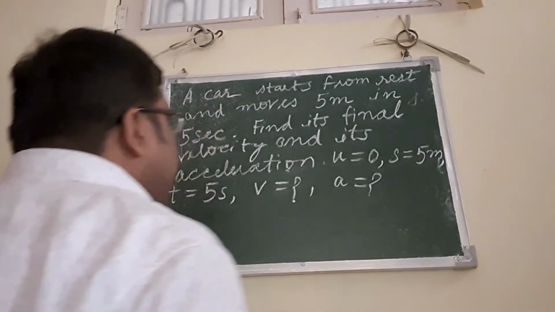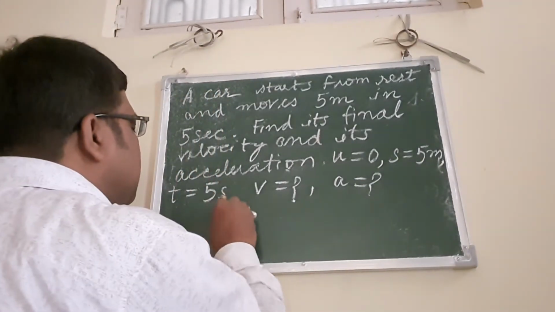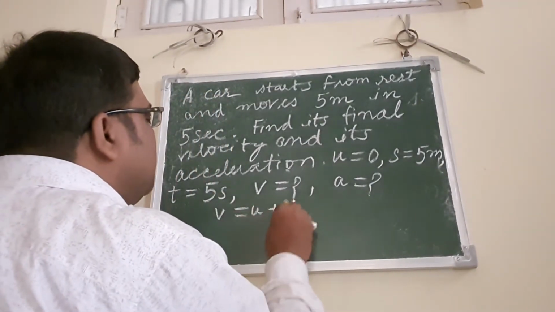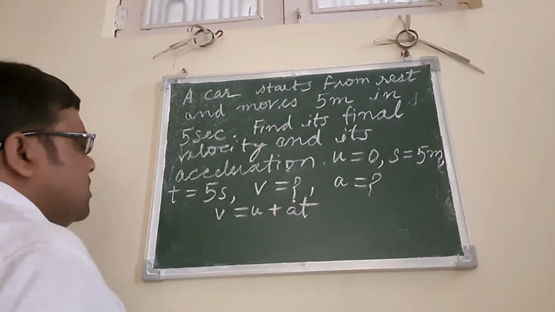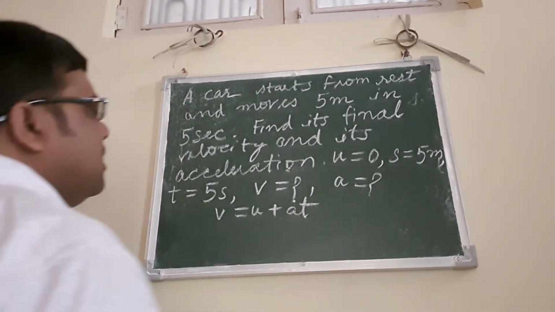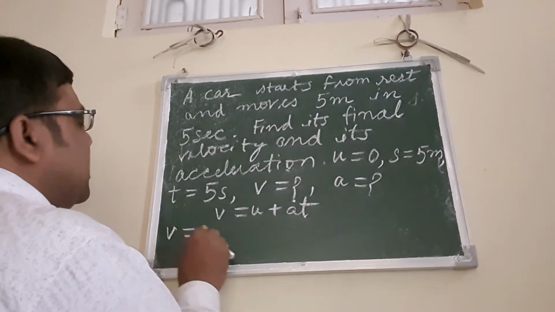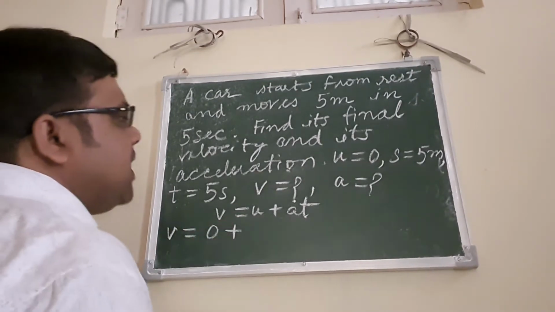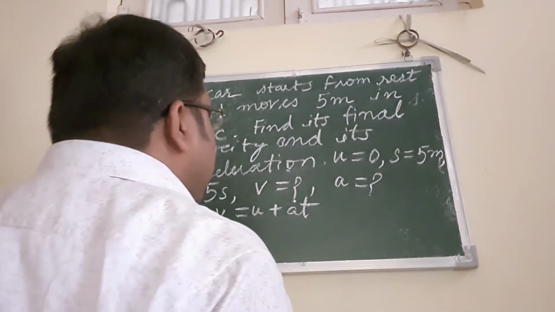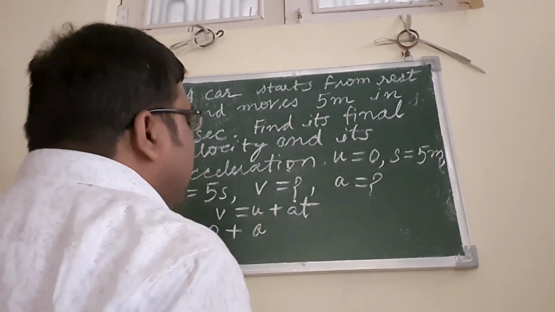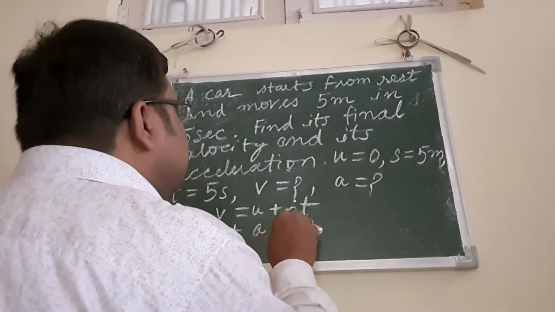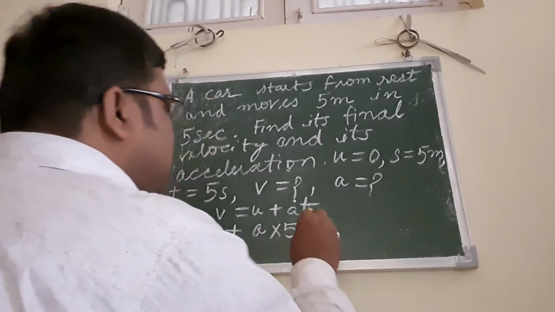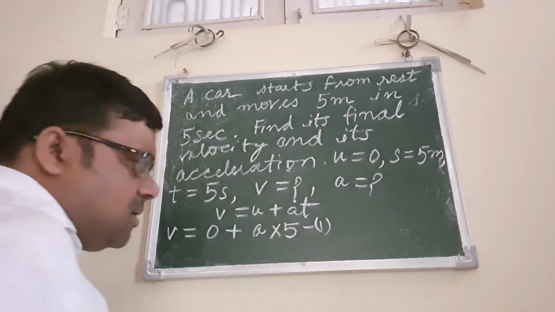So applying the first equation of motion, v equal to u plus at. So u is 0 plus acceleration, which we also have to find, into time, that is 5. This is our first equation.